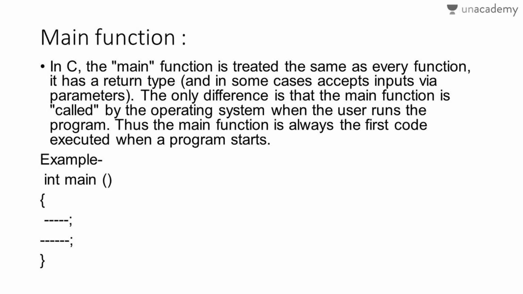Next comes the main function. The main function is treated the same as every function in that it has a return type, and in some cases it also accepts inputs via parameters. The only difference is that the main function is called by the operating system when the user runs the program, and the main function is always the first code that is executed.